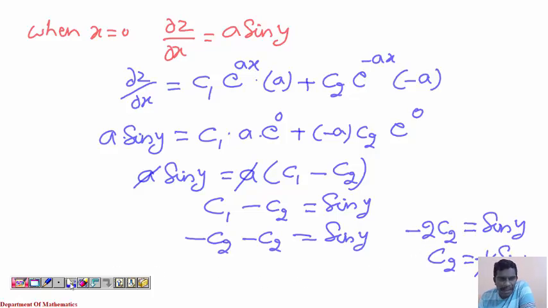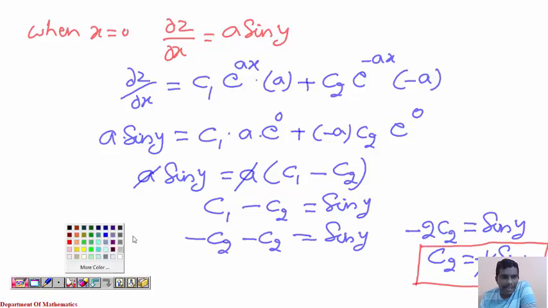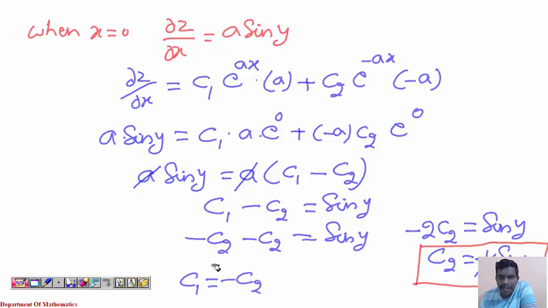Once I know the value of C2 as minus half into sin y, the C1 value will be equal to minus of C2. Therefore, C1 will be equal to half into sin y.